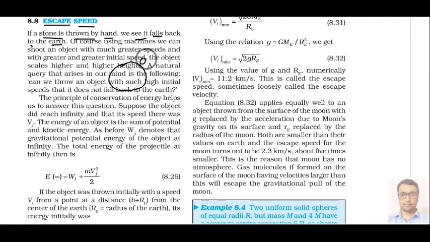If we throw a particle from the earth surface with such a minimum velocity that it never comes back to the earth surface, then we say this particle has escaped the earth. That minimum velocity at which the particle will never come back to the earth is called the escape velocity of the particle.